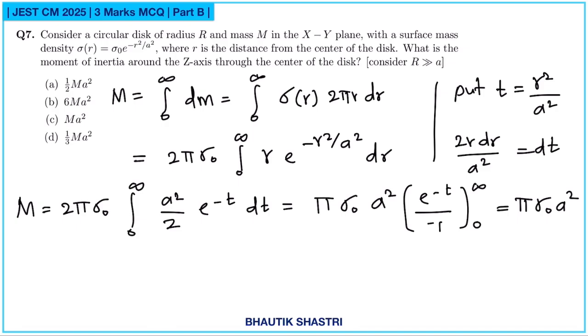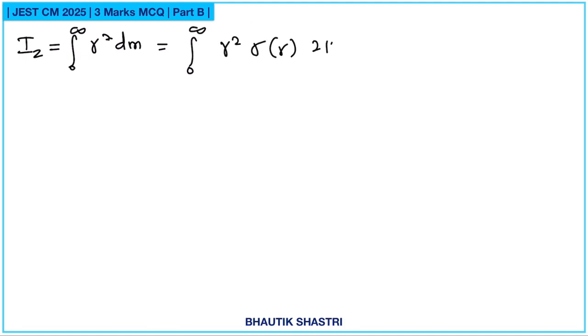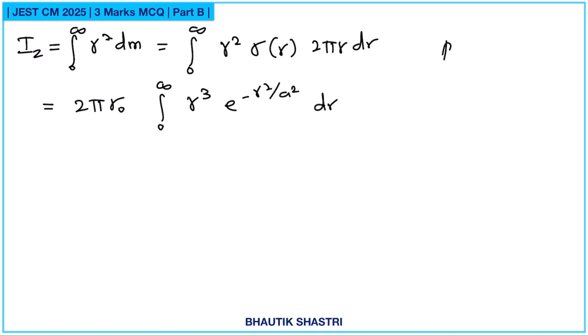Now we want to calculate the moment of inertia. So Iz is equal to integration 0 to infinity r square dm. So 0 to infinity r square sigma r 2 pi r dr, so 2 pi sigma naught integral 0 to infinity r cube e raised to minus r square by a square dr. Again let's put r square by a square is equal to t, so 2r dr by a square is equal to dt.